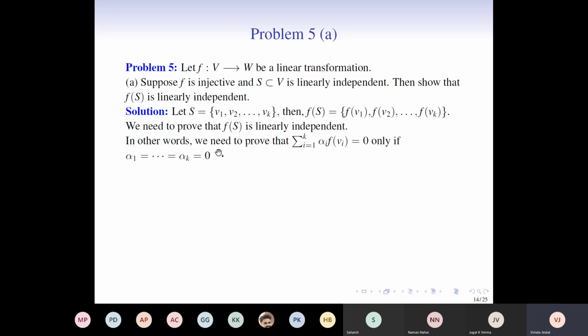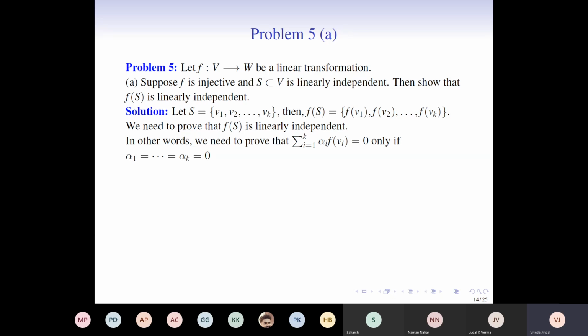What does proving f(S) is linearly independent mean? It means that we need to prove that the summation from i equal to 1 to k of alpha_i f(vi) is equal to 0 if and only if alpha 1, alpha 2, all alphas are 0.